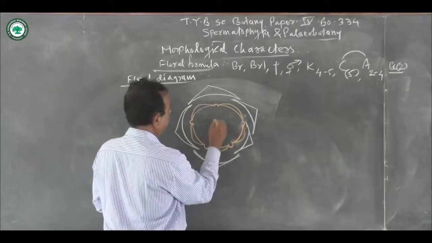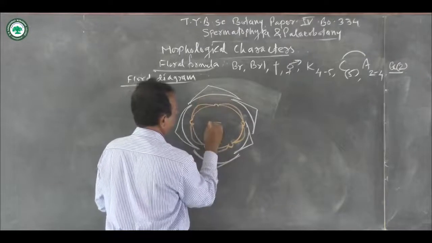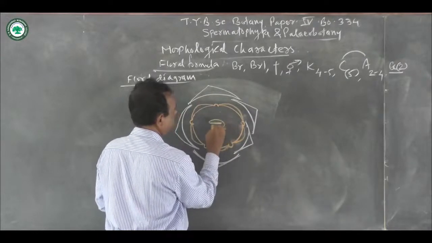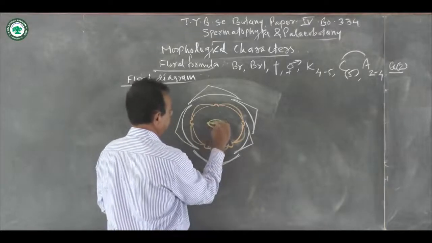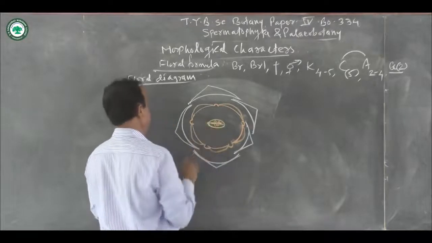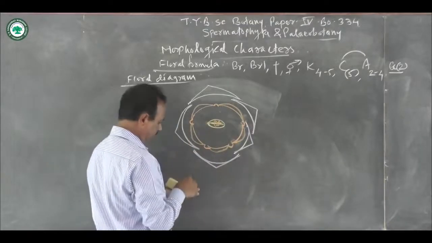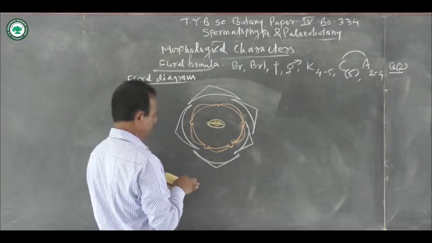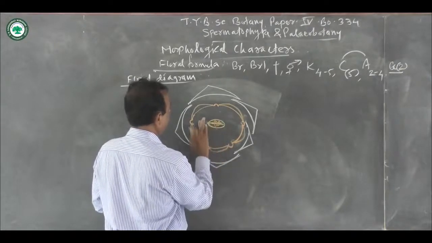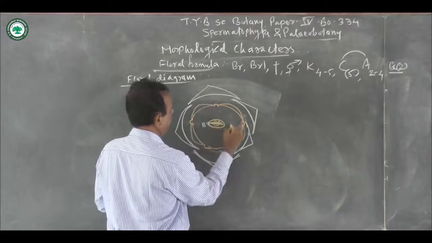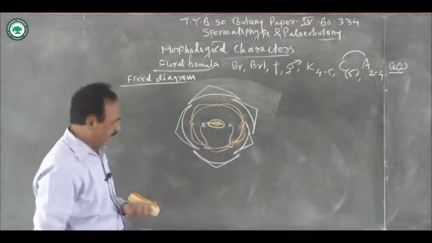There is the presence of the carpels, so the presence of a bicarpellary gynoecium. There is the presence of the placentation, which is axial, and there are 2 stamens, and the 2 stamens are epipetalous.